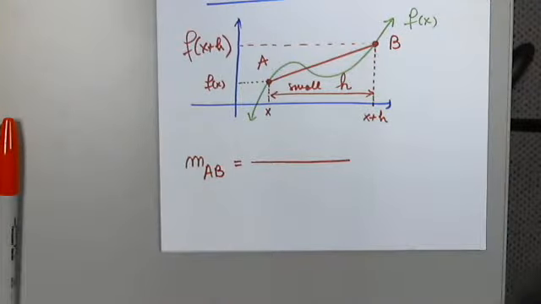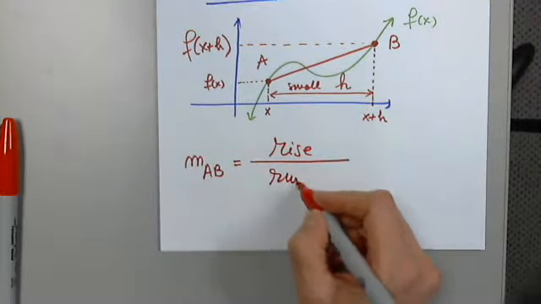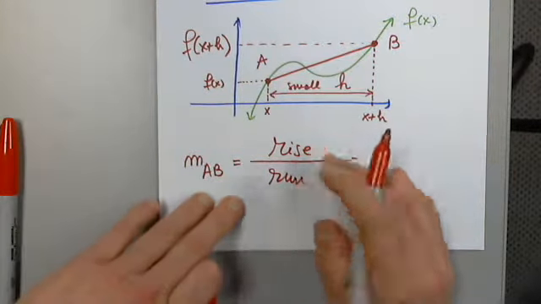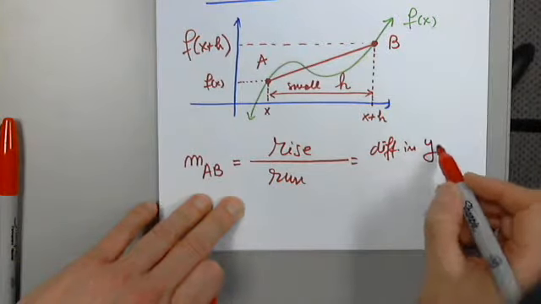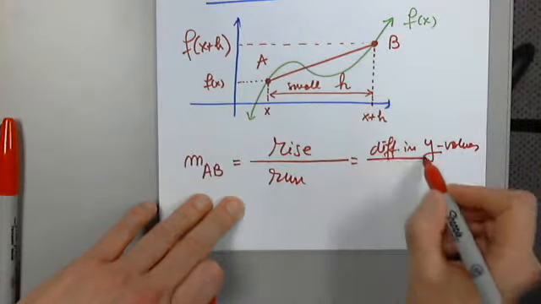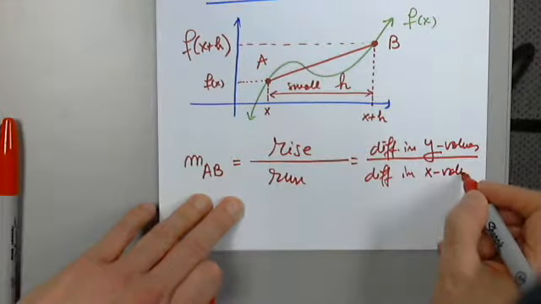By definition, the slope is rise over run. Very good. Which means that by rise, we mean difference in y values over difference in x values.